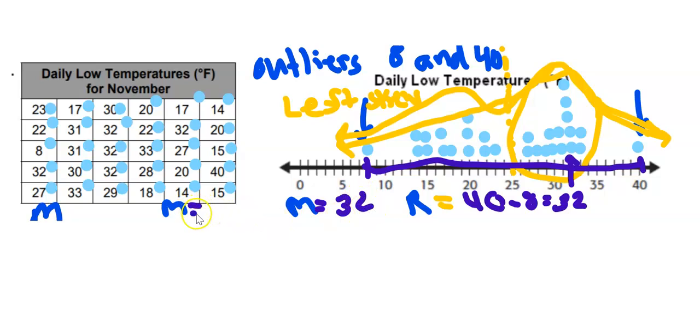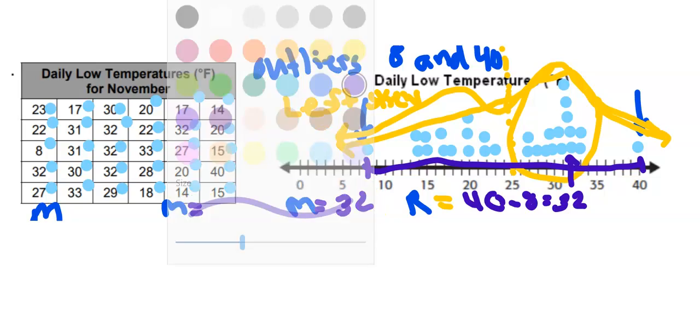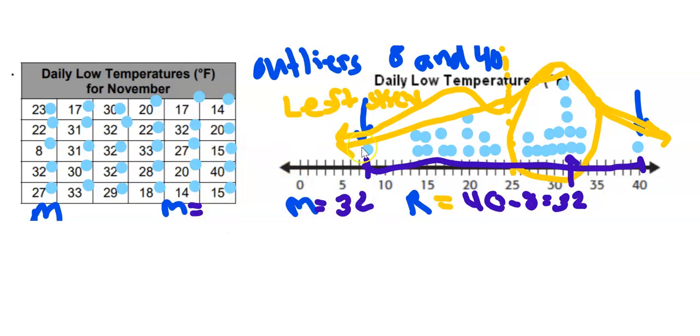Now we're going to talk about the median. The median is the number in the middle. So I'm going to change colors, and then we're going to mark out a low and a high, a low and a high, a low and a high until we determine where is our median, what number is in the middle. Now, because there are exactly 30 numbers in this data set, which is even, that means I'm going to have two numbers in the middle, which means I need to add them together and divide by 2. So I'm going to go low, high, low, high, and I'm going to keep doing this until I run out of numbers or I have 2 in the middle.